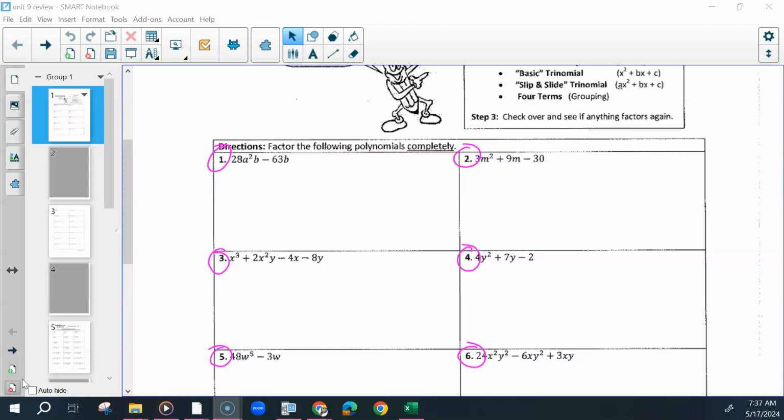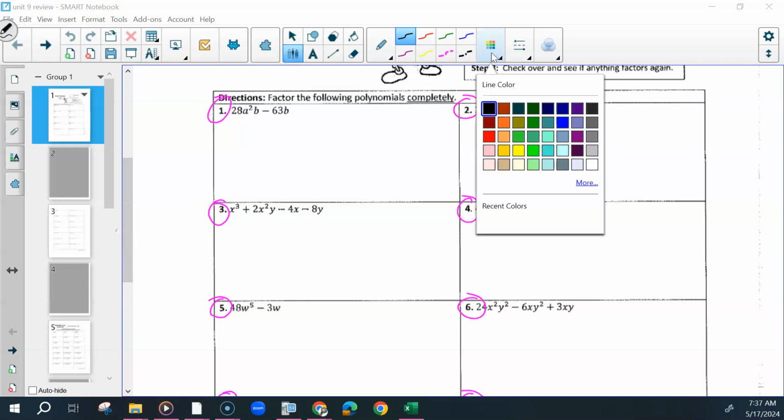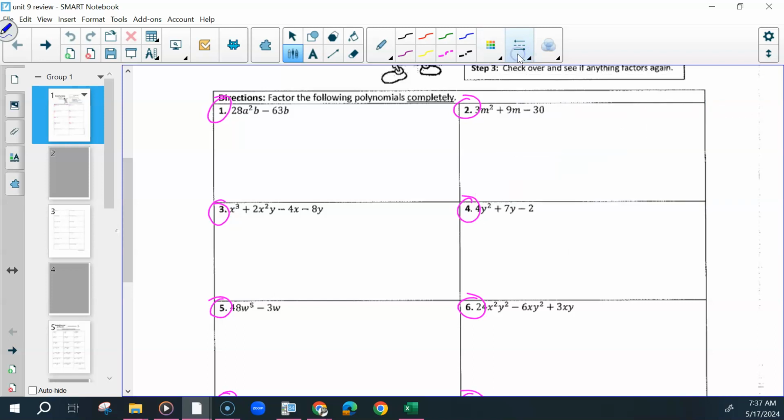Number 3. The biggest thing with this will be being able to recognize what type of factoring you need and being able to do that.